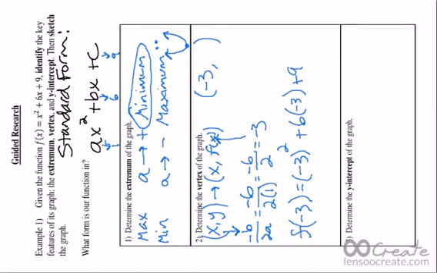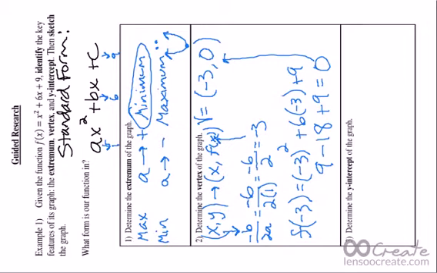Negative 3 squared, when you type this in the calculator, make sure you use the parentheses, because the answer is 9, and if you don't use parentheses, you're going to get negative 9. It's going to mess you up. And then we have 6 times negative 3, which is going to be negative 18, and then plus 9. Now, some simple math, this is actually going to become 0. So I'm going to take 0 and put it in the y coordinate of my vertex. So now we have a vertex of negative 3, 0.